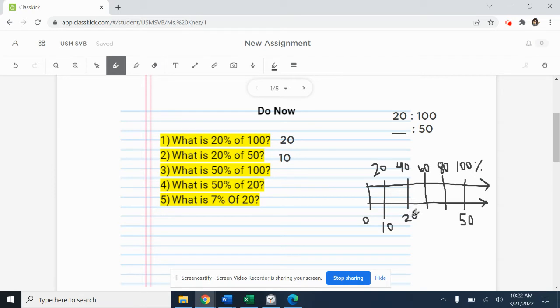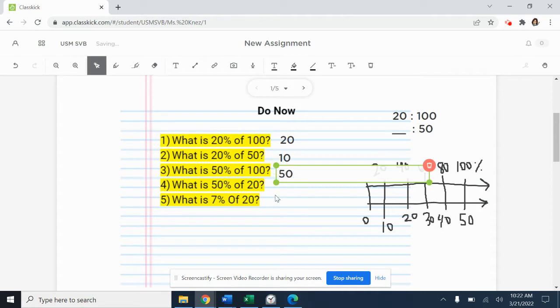And I can see that 20% of 50 is 10, 20, 30, 40. Now, when you think about 50%, things are a little bit simpler because 50%, of course, is just half. 50% of 100 is 50, and 50% of 20 is 10.